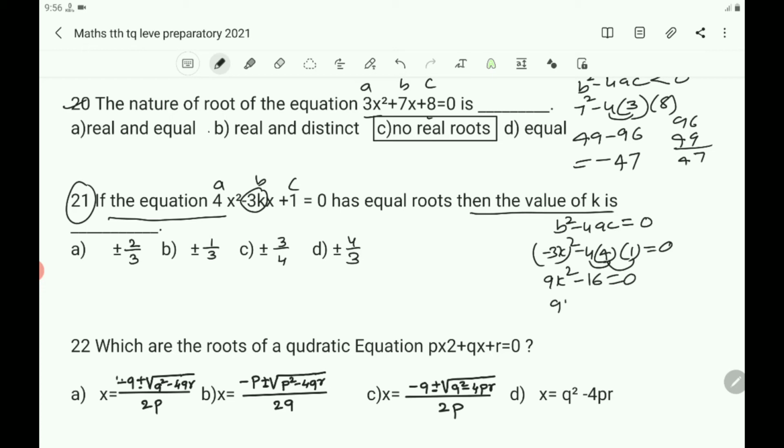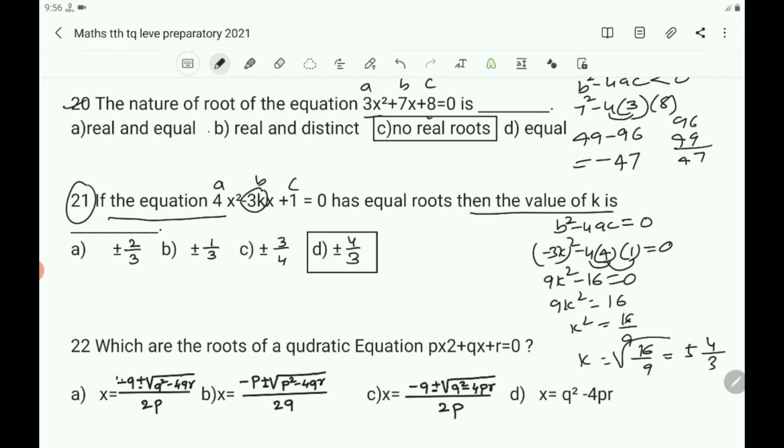Then 9k square equals 16, k square equals 16 by 9, then k equals root of 16 by 9. So you will get plus or minus 4 by 3. So here option D, 4 by 3 is the answer.